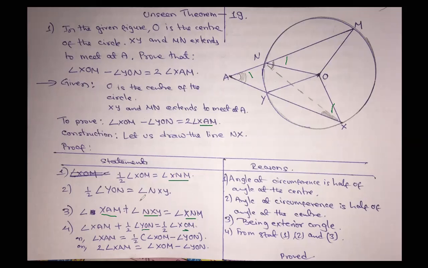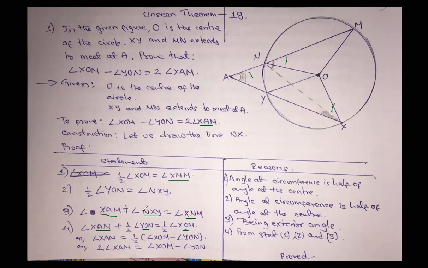So XAM is there or not, YON is also there, XAM is also there, okay. We have just replaced the value, this extra angle was there, from number 1 and number 2, so this is written. That's why from statement 1 and 2 to 3, is it okay or not okay? So this is statement 3 itself, but the value of statement 3 we are extending from 1 and 2.